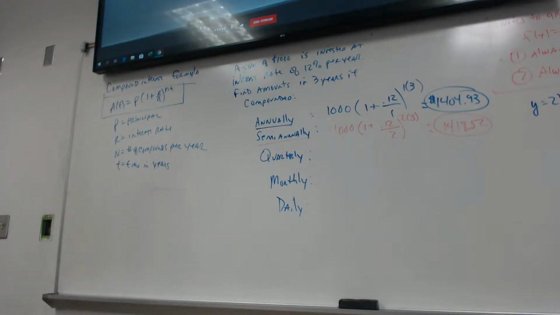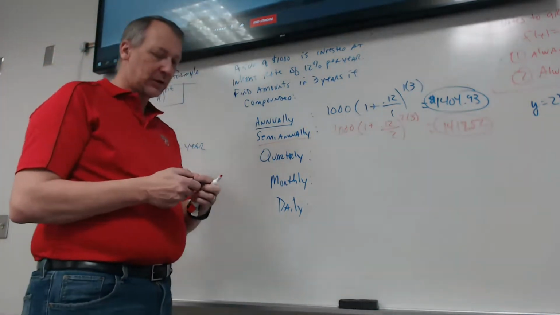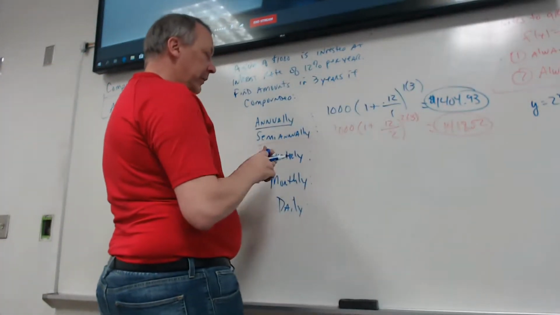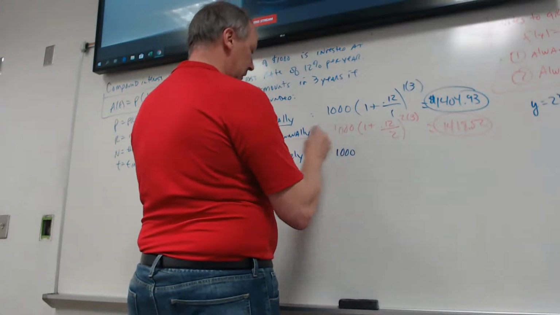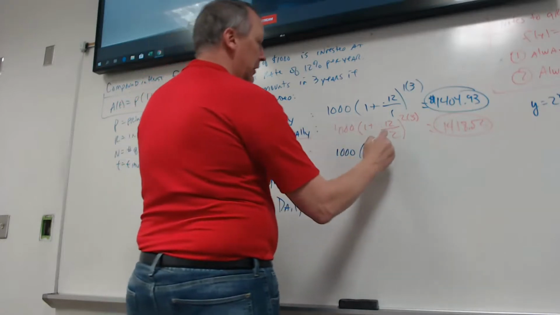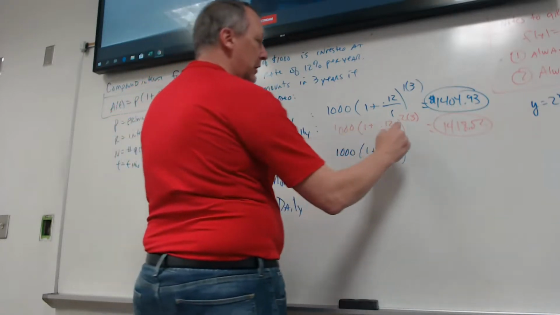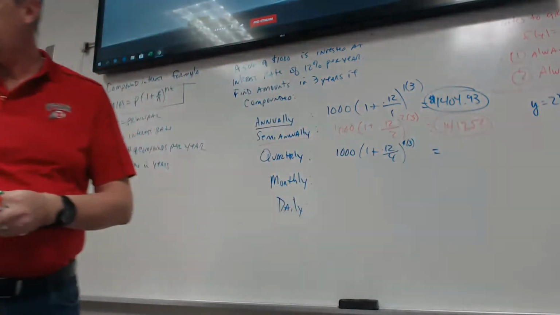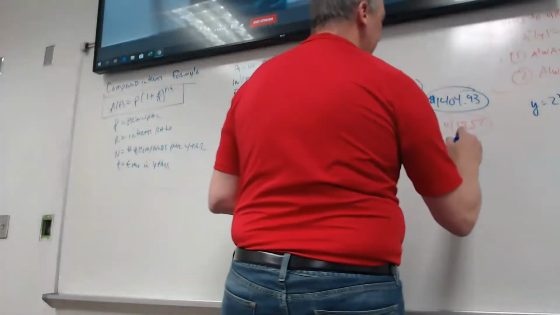Okay, how about Eunice? Can you tell me how to do it quarterly? Okay, so tell me what direct. 1,000, then 1 plus 0.12 over 4 times. Okay. And hopefully, if you punch it in your calculator correctly, you should get 1425.76.